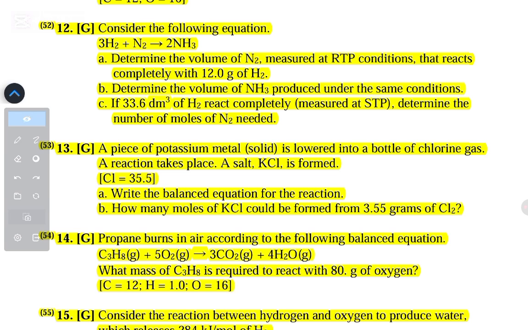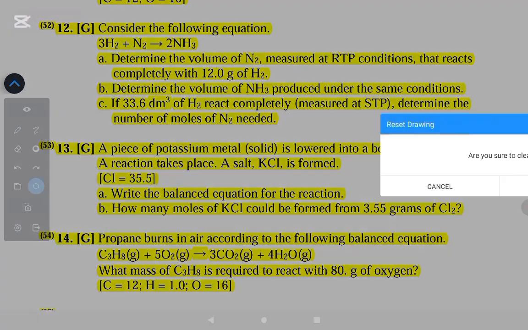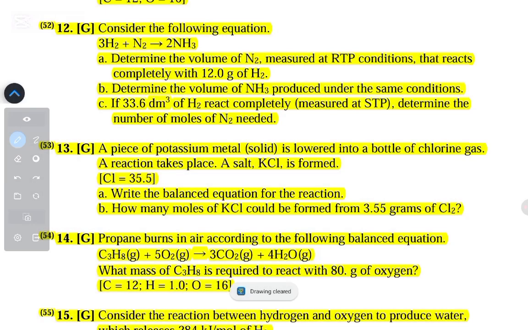If 33.6 decimeter cube of H2 is completely measured at STP, determine the number of moles of N2 needed. H2 and N2 is what we're going to be using here, so 3 to 1. 33.6 measured at STP.